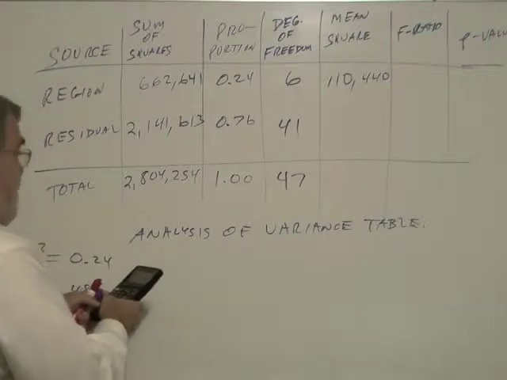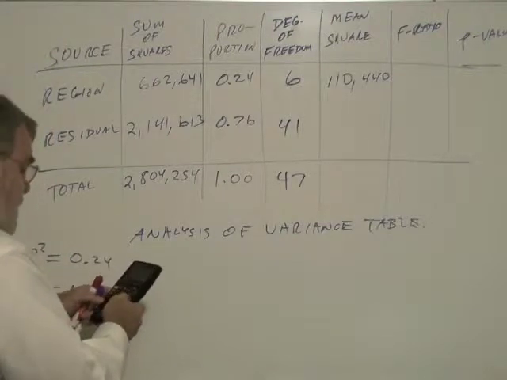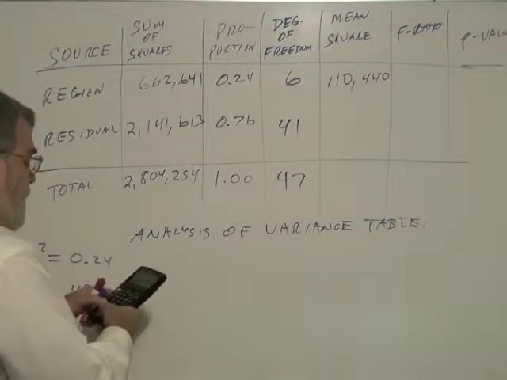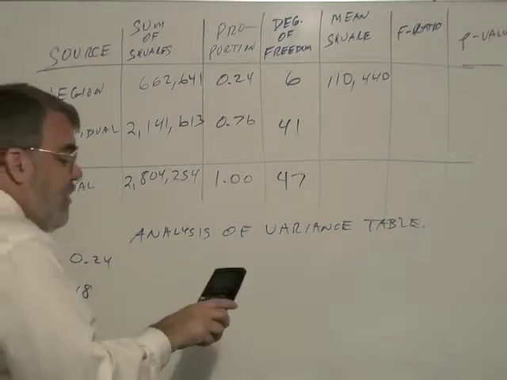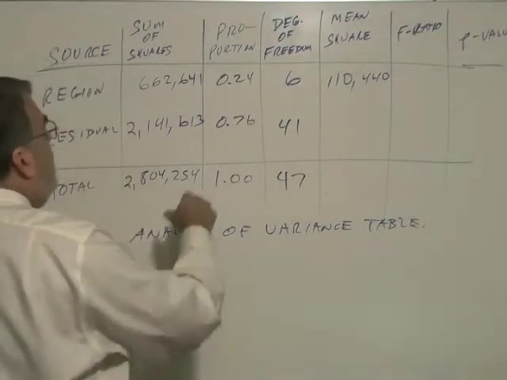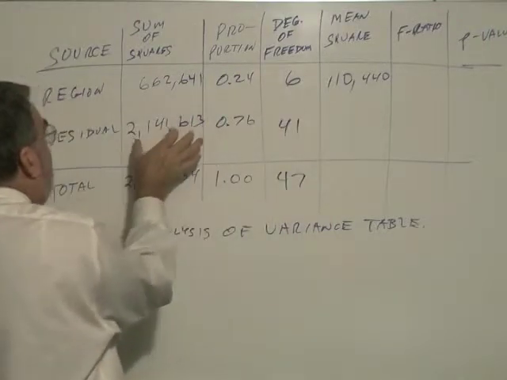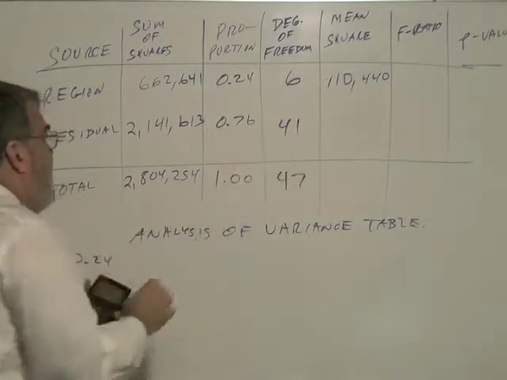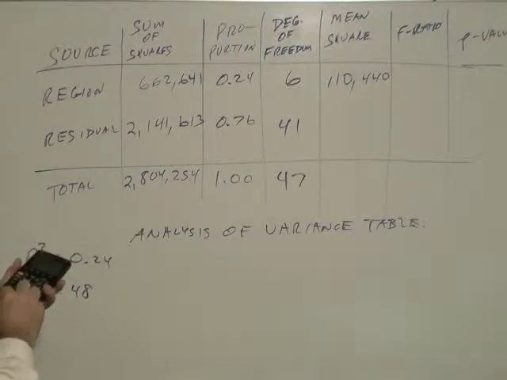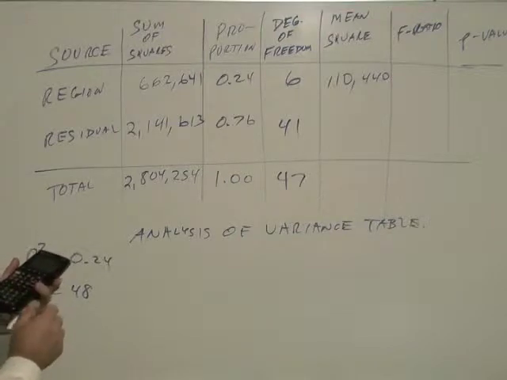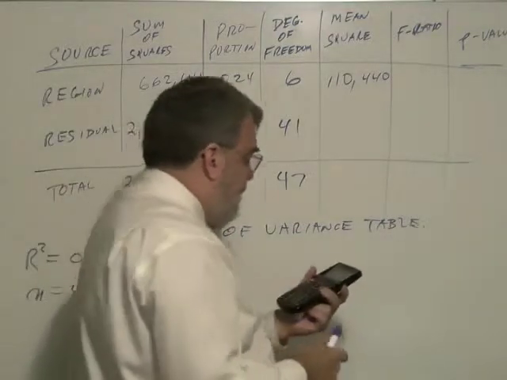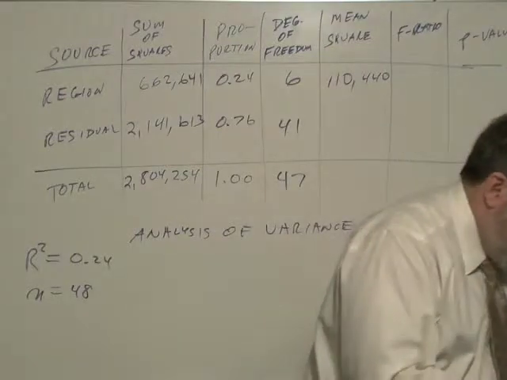But sometimes the book is off by like a rounding error. Yep, 110,440. And now for the mean square for the residual, we'll take its residual sum of squares and divide by its degrees of freedom. So 2,141,613 divided by 41 degrees of freedom is 52,234.